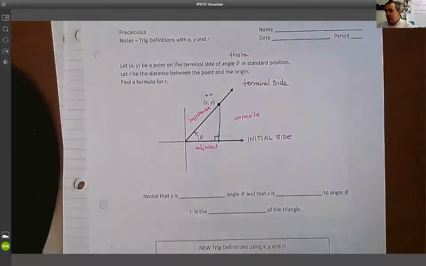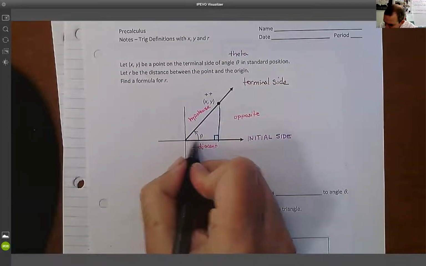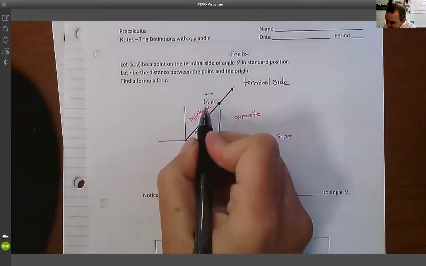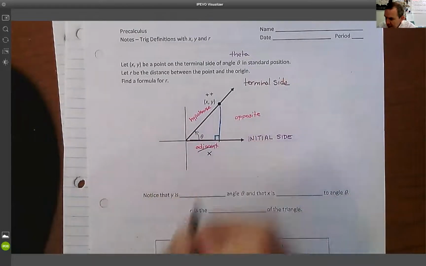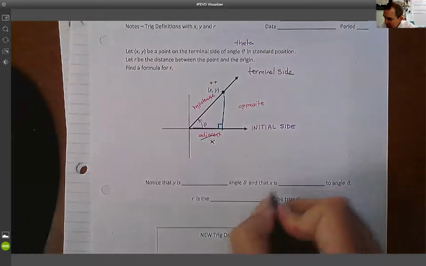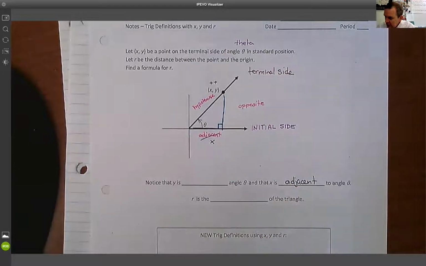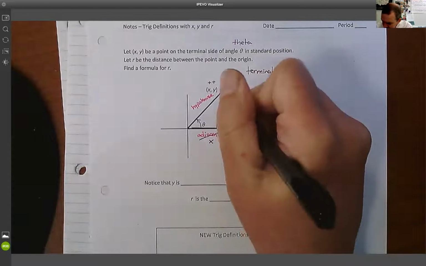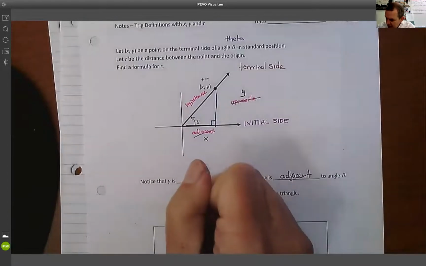But what I wanted to tell you was we're going to stop calling it that. We're actually going to give it a different name. If you think about it, the length of this side right here, this adjacent side, is how far I go on the x-axis. So I'm going to call adjacent x from now on. Instead of opposite, the opposite tells me how much I went up on the y-axis, so I'm going to call the opposite y.